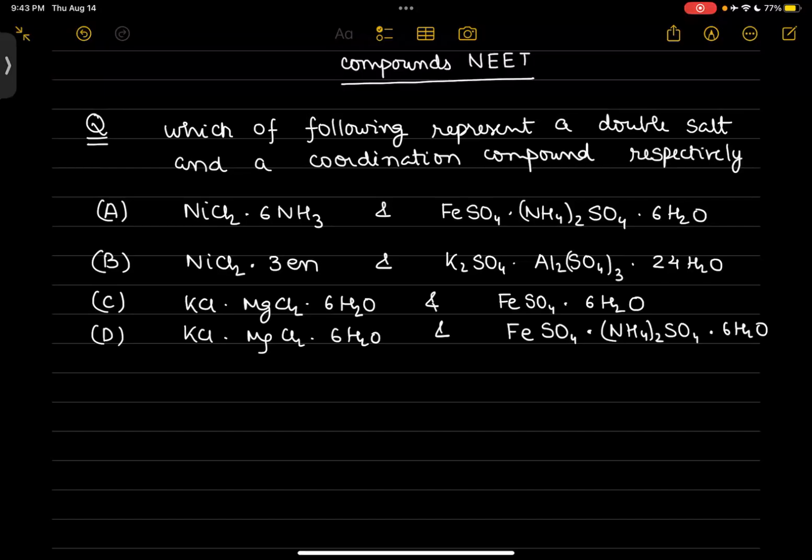The double salts will completely lose their identity when put into water. They split into their constituent ions. All ions get separated.